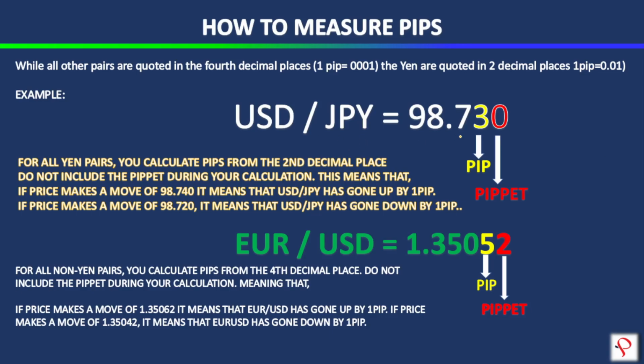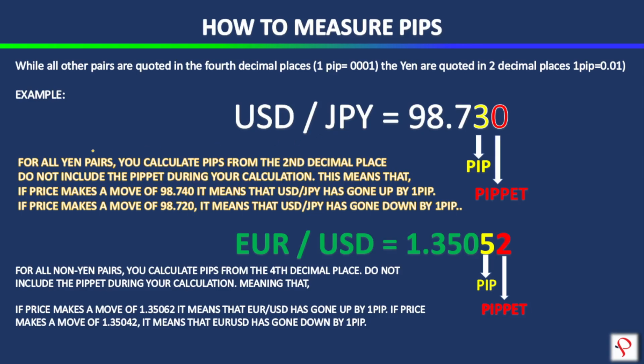When you want to calculate your pip, that is to say the movement of price, in forex or any other assets in the trading environment, once that currency is paired with JPY, it means that you must, and this is a rule, calculate your pip from the 2nd decimal, and then your pipette is the 3rd decimal, when calculating for yen pairs or JPY pairs.